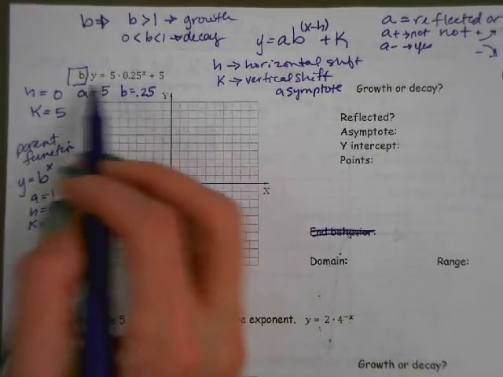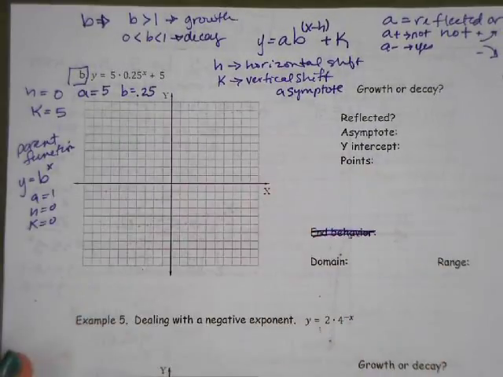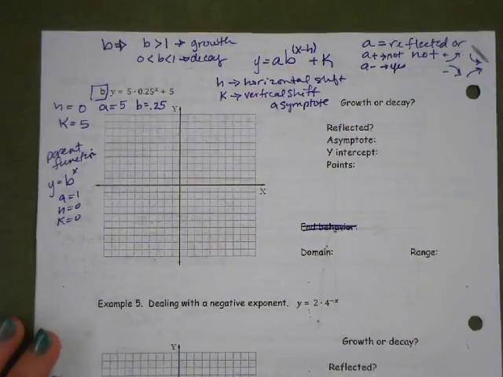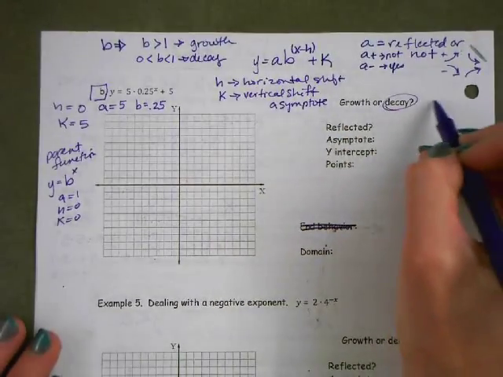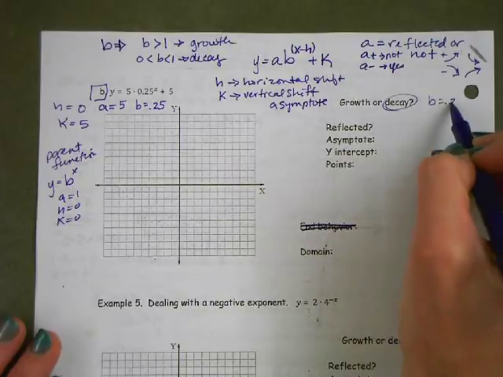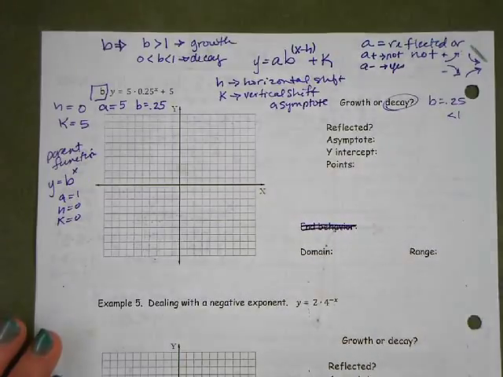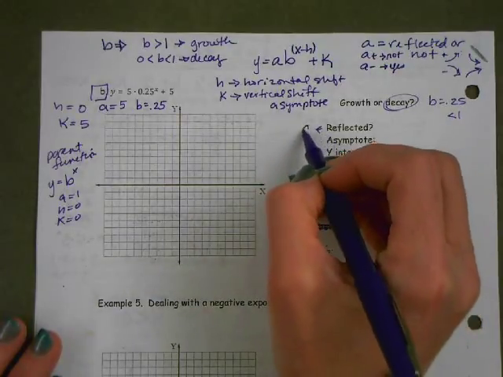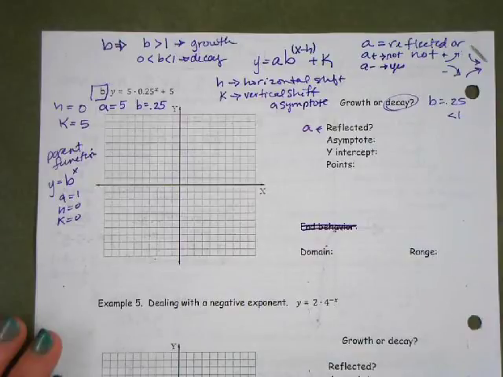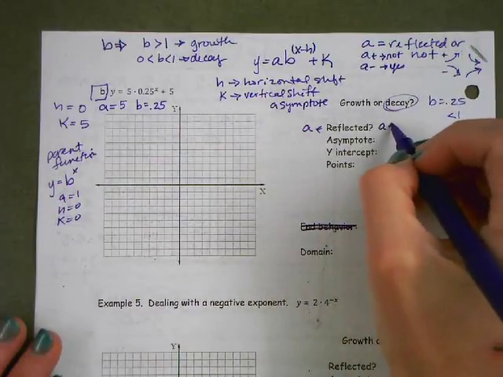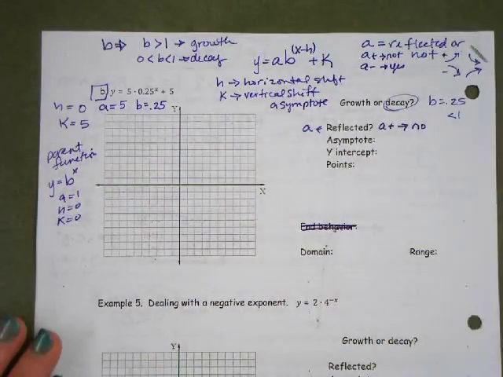Looking at this example here, is this a growth or decay graph? It is decay because B is 0.25 and that's less than 1. Is it reflected? When I'm looking at reflected, I'm looking at my A value. It is not because A is positive.